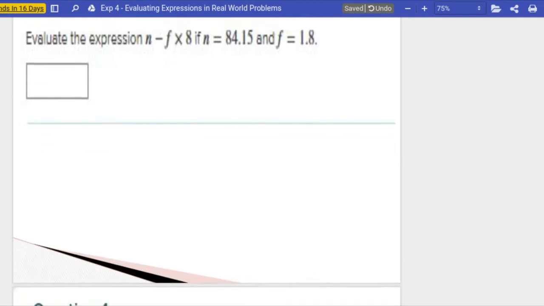All right, this problem is not a real world problem. It's just a little bit of review from what we did the other day, where we just substitute our values in.